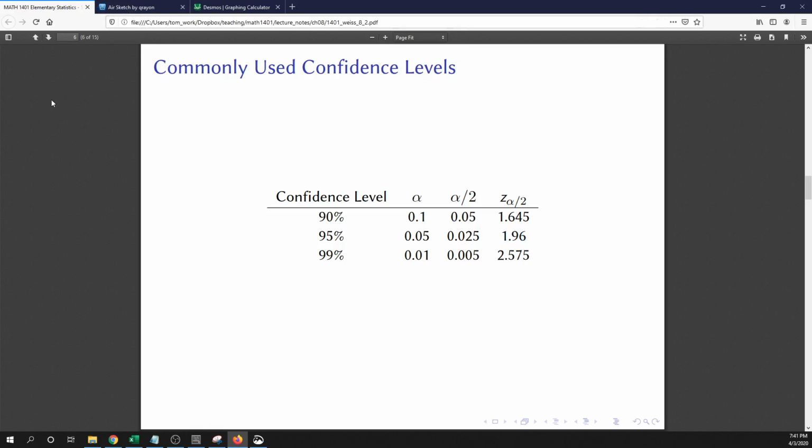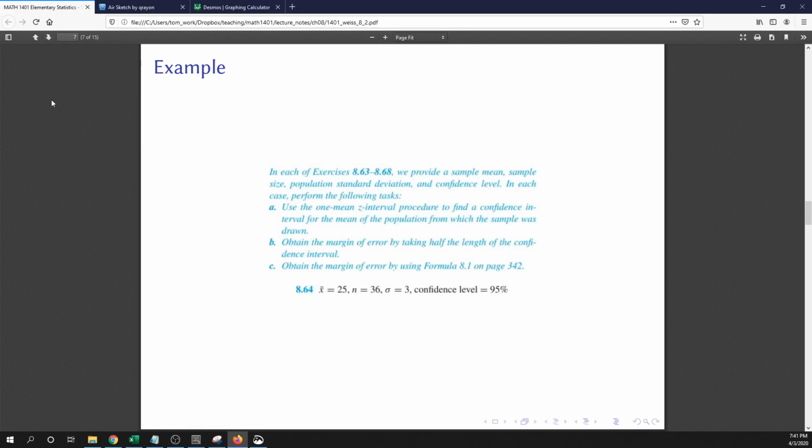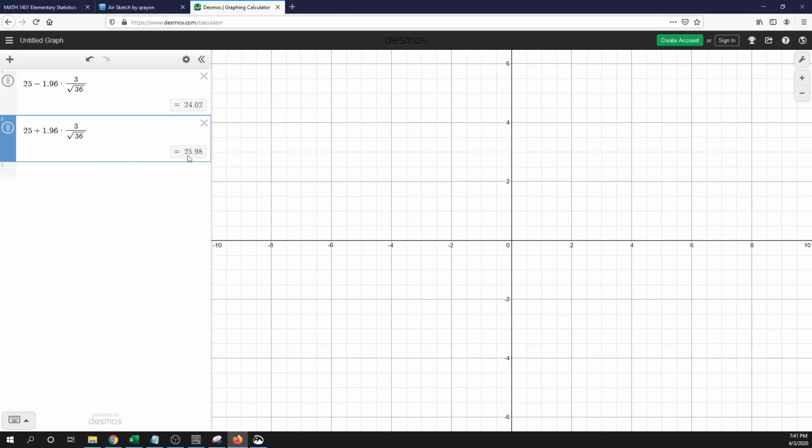All right, let's see what else they want. All right, it says B, obtain the margin of error by taking half the length of the confidence interval. All right, so over here we know our confidence interval goes from 24.02 to 25.98. So remember, the margin of error is half the length of the confidence interval.